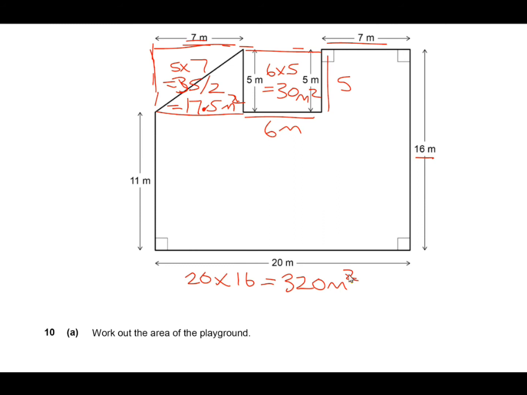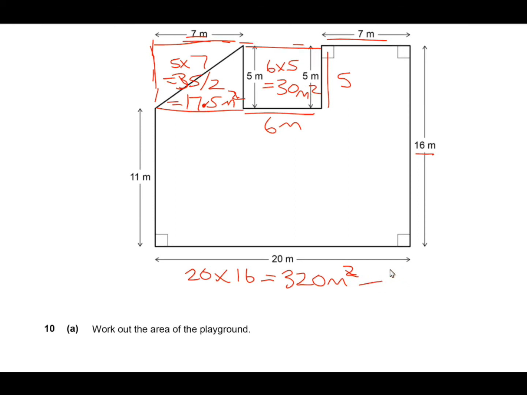So the area of the whole thing is 320 meters. The area of this little indent here, this 5 by 6 meters rectangle, is 30 meters. And then take away the area of this little triangle that's missing that we've worked out as 17.5 meters.